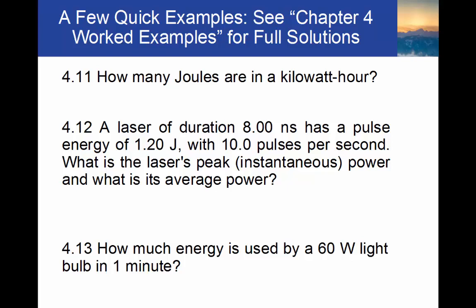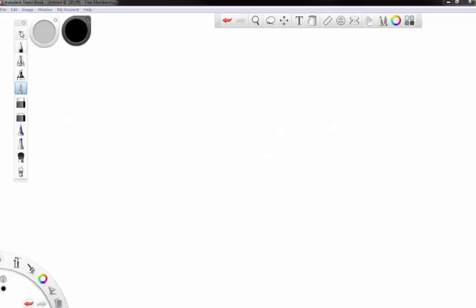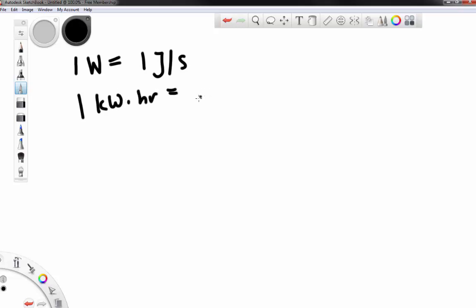So what we want to know is how many joules this is equal to. So this is basically a unit analysis problem. 1 watt is the same thing as 1 joule per second. So 1 kilowatt hour is the same as taking 1,000 watts and multiplying by 1 hour.